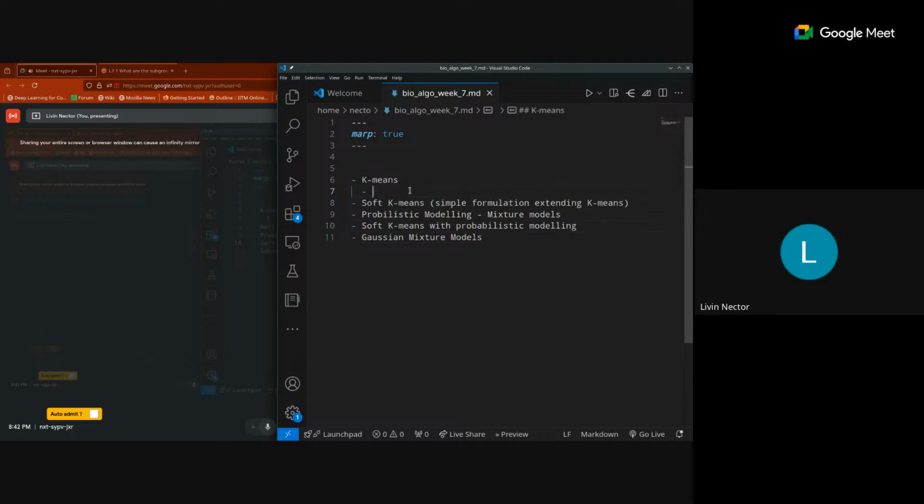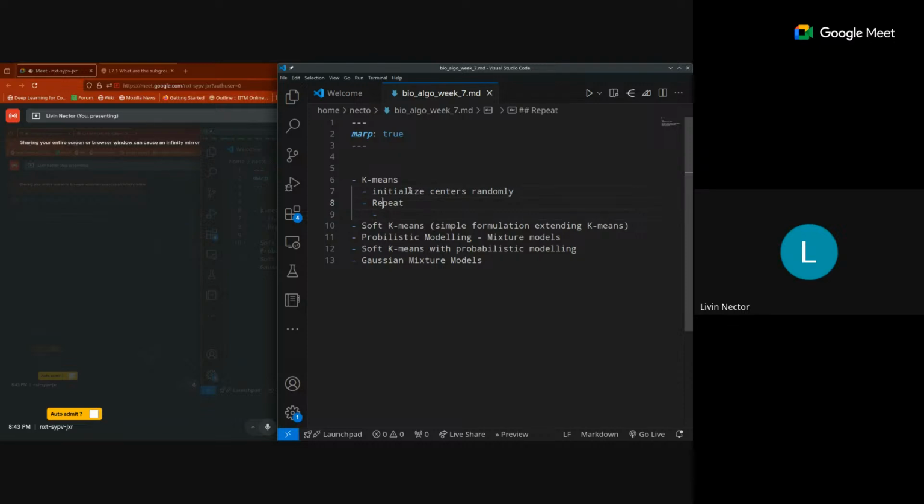In K-means, we have certain steps, right? Initially, the K-means algorithm goes like this: initialize the centers, and then we repeat until convergence.